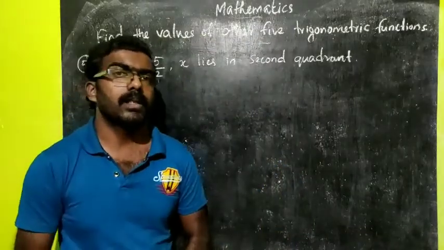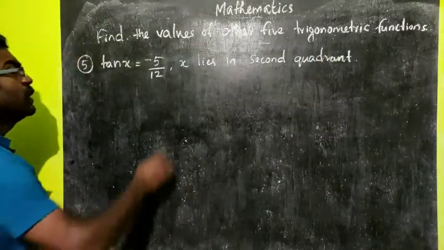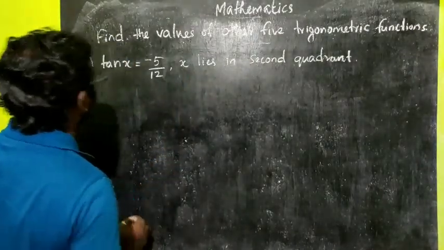Clear? Now the next question is tan x equal to minus 5 by 12, x lies in the second quadrant.